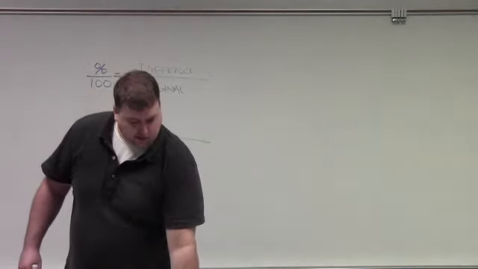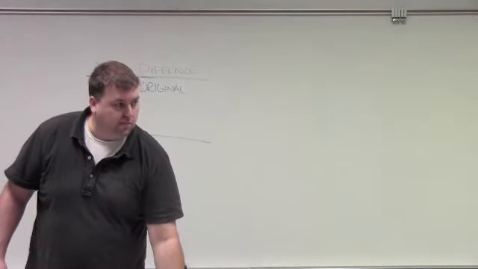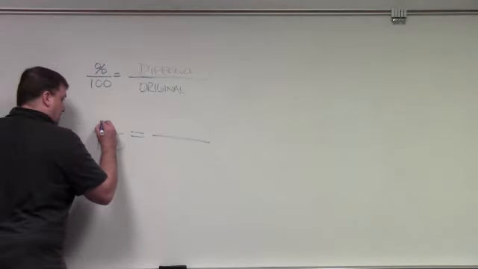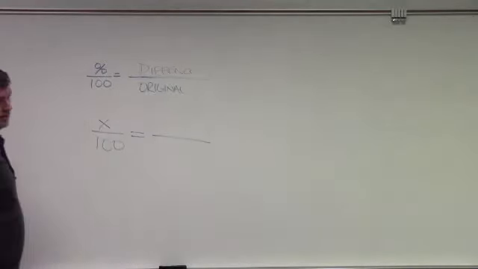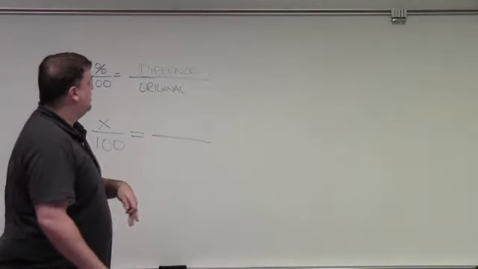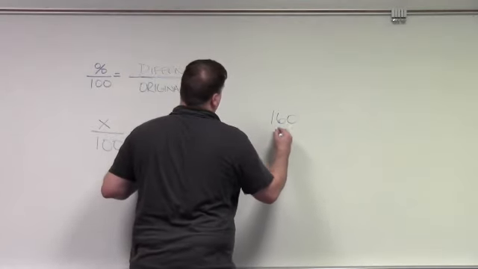A person on a diet goes from a weight of 160 pounds to a weight of 136 pounds. What is the percent of decrease? Are we given the percentage? Nope, that's our unknown. They go from a weight of 160 to 136. So how can I find the difference between those? Just subtract it.